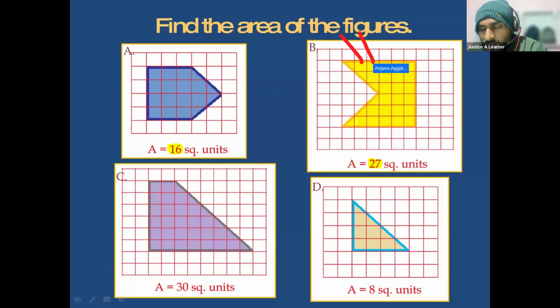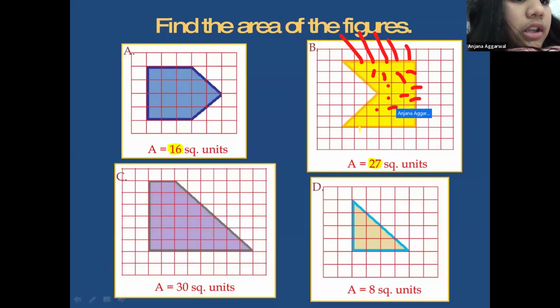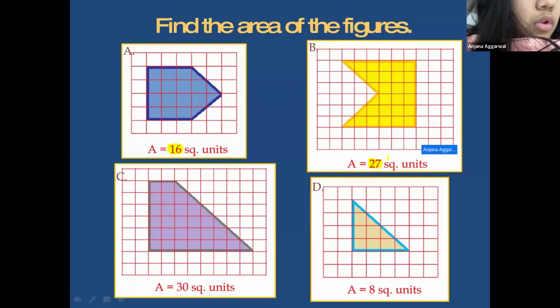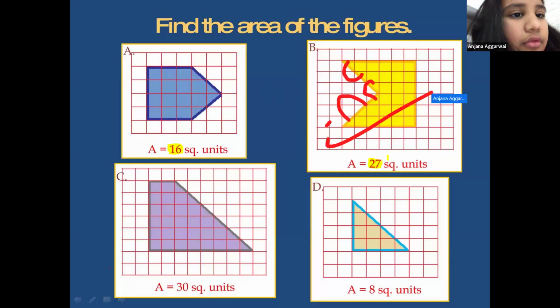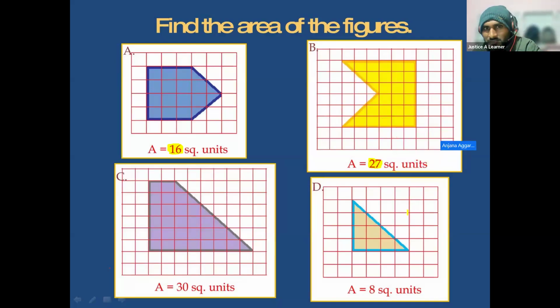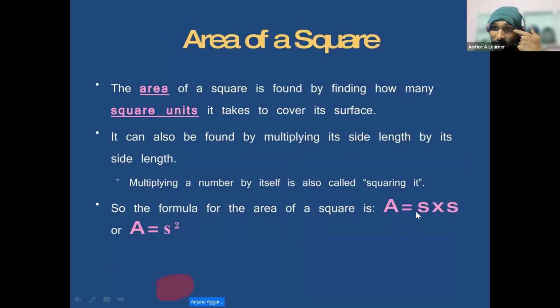Just try. 16, 17, 18, 19, 20, 21, 22, 23, 24, 25, 26, 27. Correct. Okay, let's move further. I guess now you can find it easily, in a more efficient way.